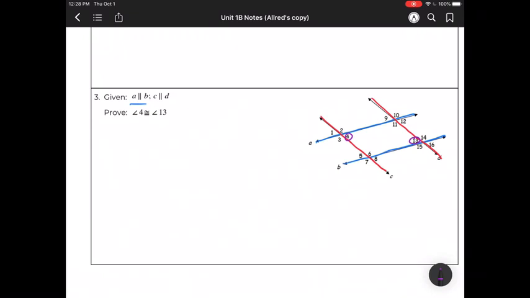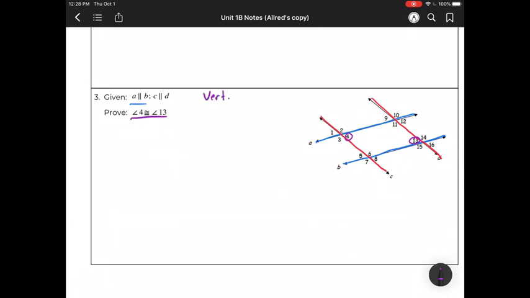So we are going to chain a connection together of angle 4 connected to another angle that is also connected to angle 13. But I want them to be congruent angles. So I'm going to look at my congruent angle pair relationships.